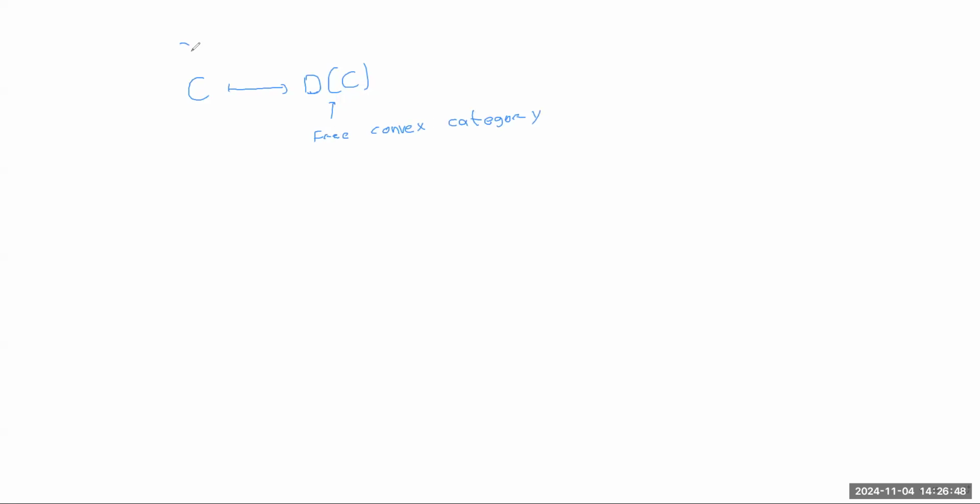This is a functor from categories to categories. So D was acting on sets, now it's acting on categories. And one can show that it's also a monad, with the same multiplication and unit, to show that this is also a monad.